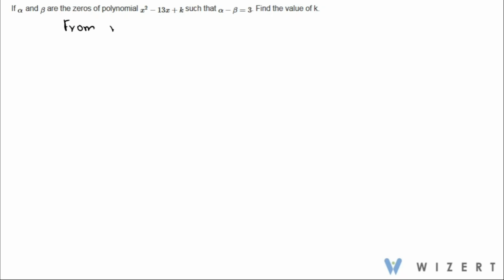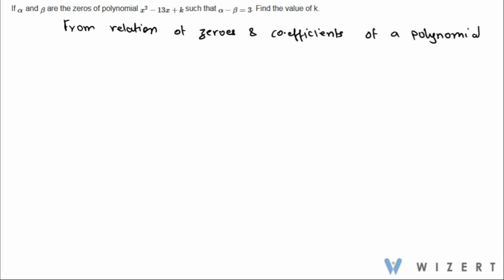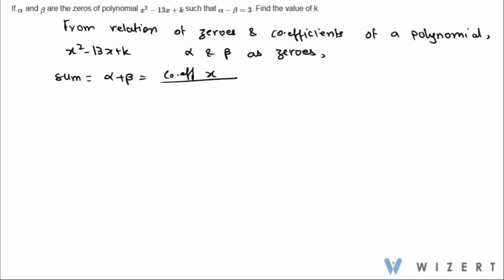We know from the relation of zeros and coefficients of a polynomial x square minus 13x plus k with alpha and beta as zeros, the sum of zeros, alpha plus beta, is equal to coefficient of x divided by leading coefficient, and this is negative.